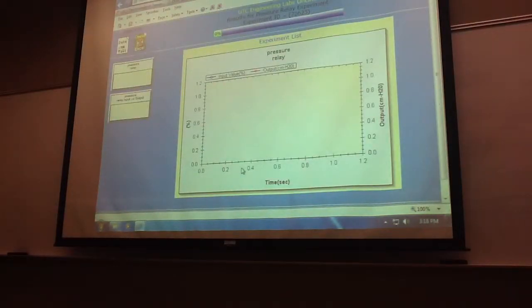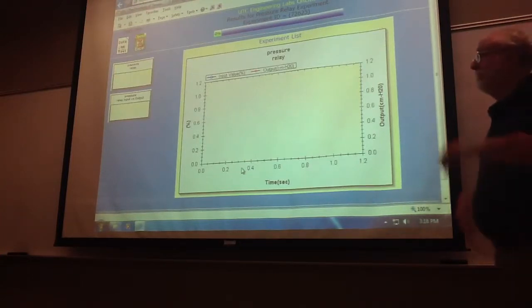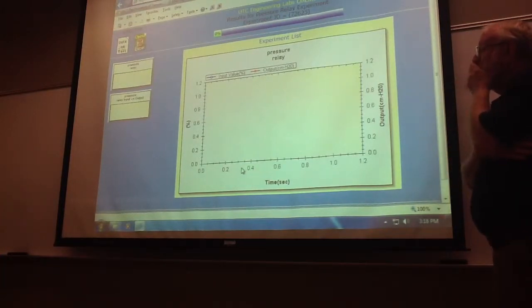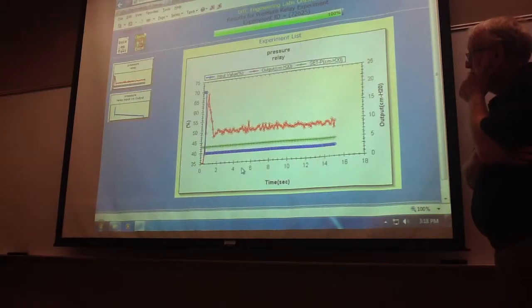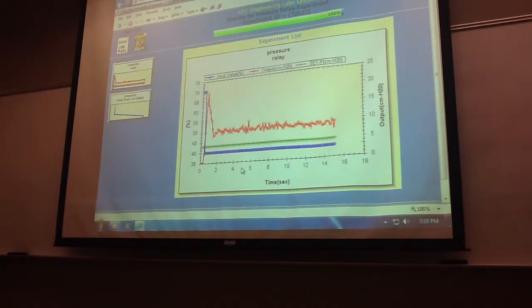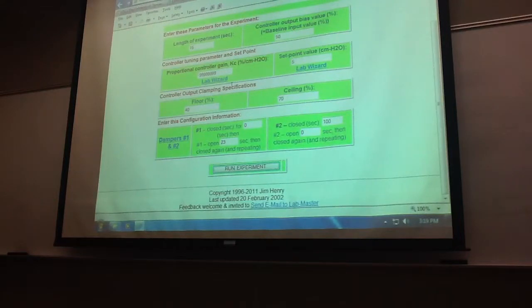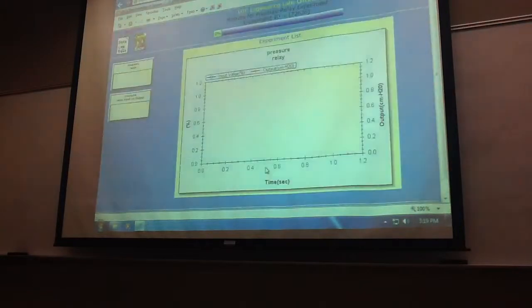See what happens this time. I'm going to change my set point to 12. Run this again. What's your set point here? Well, that might be the wrong value, but let's see what happens.